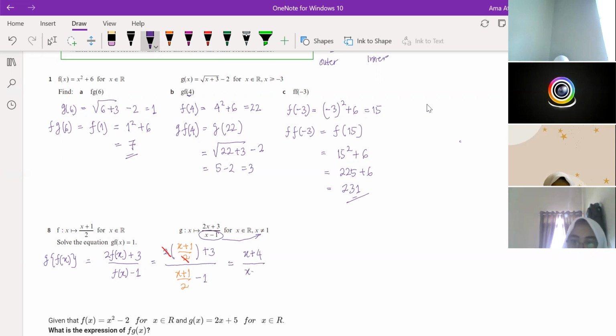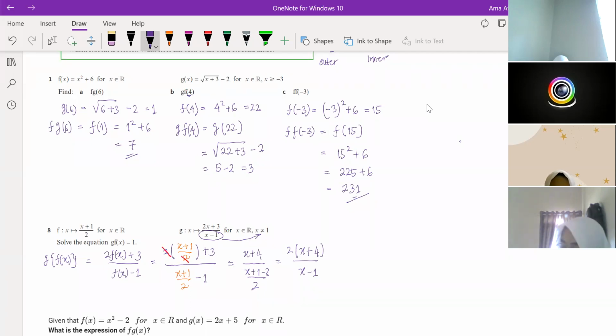So x plus 1 minus 2 over 2. And here we will get 2 times x plus 4 over x minus 1.